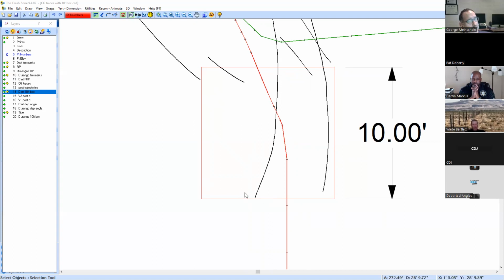So at the onset of my tire marks, that's where I put the 10-foot box. The path coming into the box is my approach angle. The path going out of the box, whether it's on the opposite side, the left side, the right side, whatever, that's where the center of gravity path exits the box. That's where the departure angle is measured.